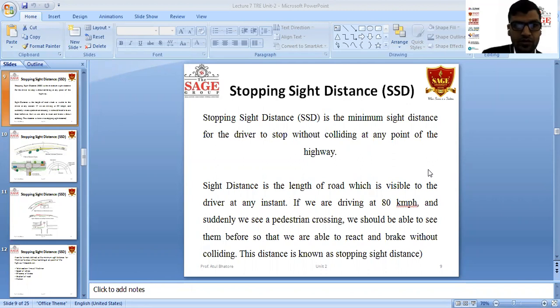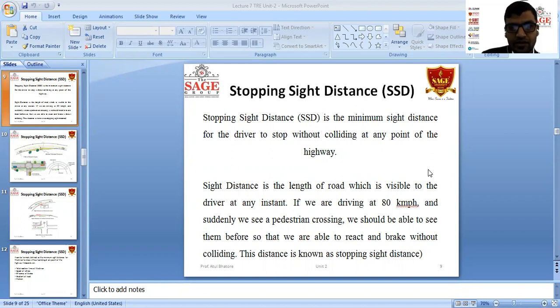Today we are going to see about the stopping sight distance. In short, it is called SSD. The stopping sight distance is the minimum sight distance for the driver to stop without colliding at any point on the highway. The sight distance is usually the length of road which is visible to the driver at any instant.